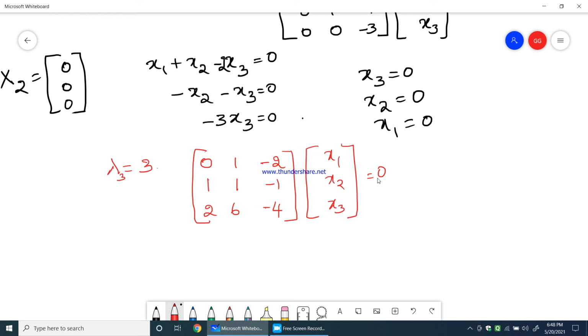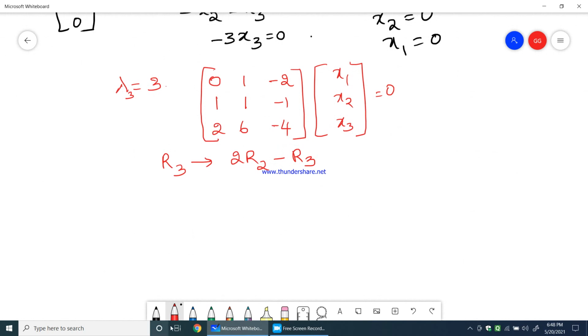We can cancel the third element, so we will do the row reduce operation for this. Row 3 would be equal to 2 times R2 minus R3. If I do that, what will I get?